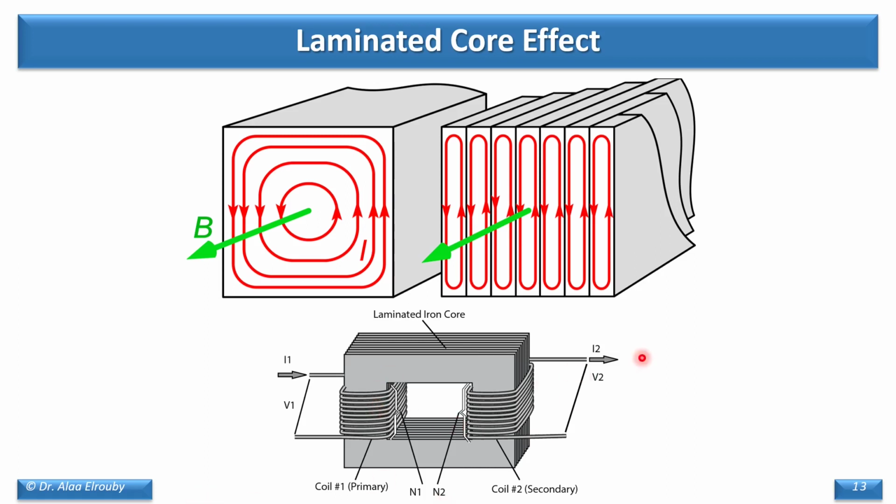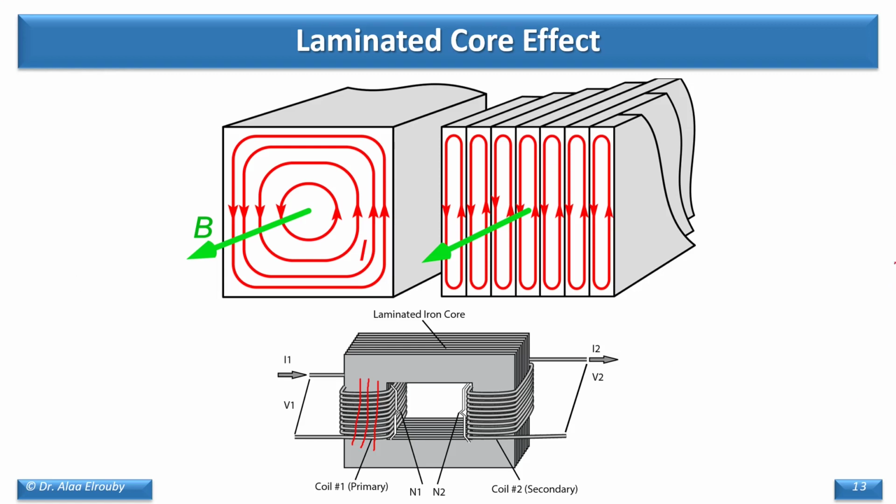For this transformer, the cross section is a rectangular cross section. We have some fields inside the core going in this direction, and these fields are varying with time.